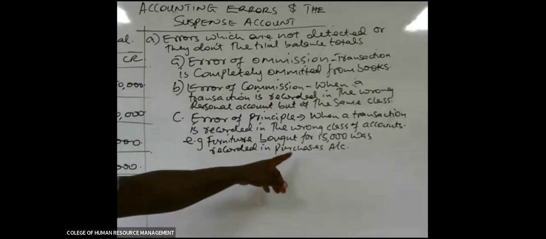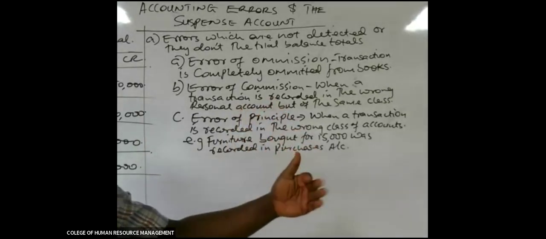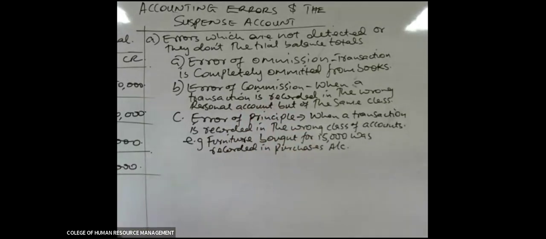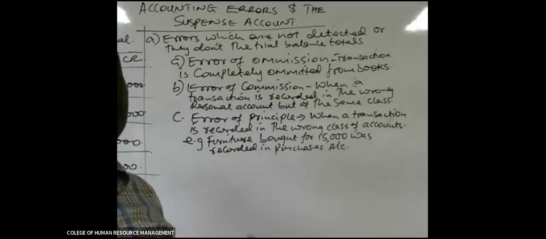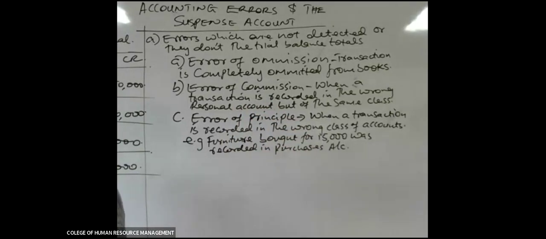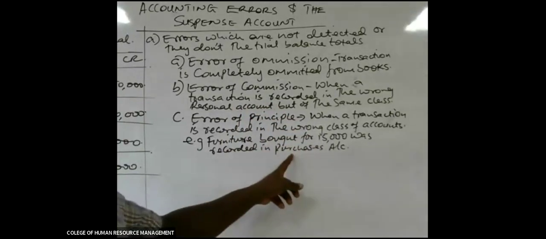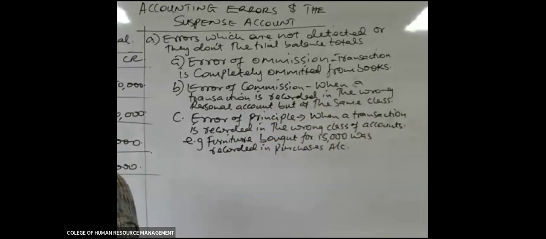You know what goes to the purchases account is only goods, stock in simple terms. When you buy stock, you debit purchases. But when you buy a fixed asset, an asset or an item that is going to be in the business for a long period of time, with no intention of selling it, we normally debit the asset that we have bought. If you buy a motor vehicle, you don't put it in purchases, you put it in the motor vehicle account.